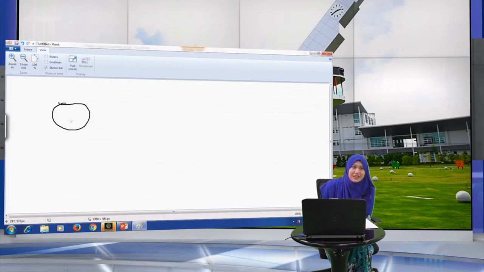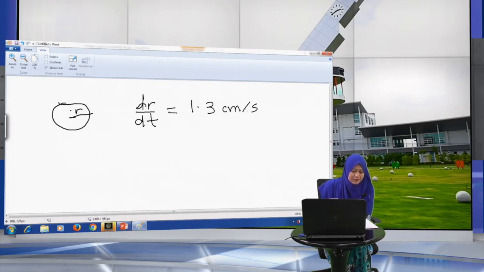So here, this is the radius, r for radius, and the rate at which the radius is increasing, dr/dt, equals 1.3 cm per second. Okay, that's the information from the problem.